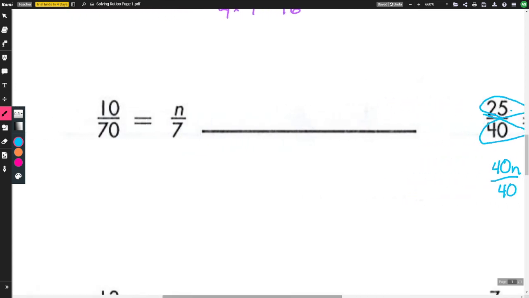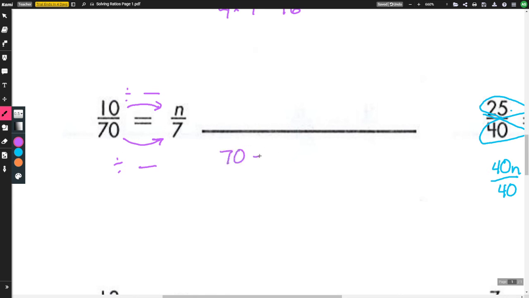Okay, this one I'm going to do that guess and check method. I'm going from a big number to a small number, so I'm going to divide. Let's see. Another way we could do this is, okay, 70 divided by 7 is what?